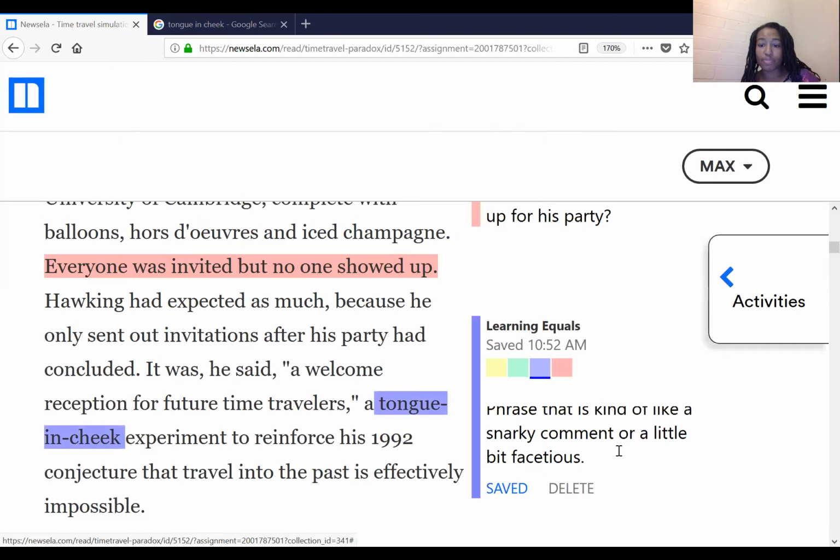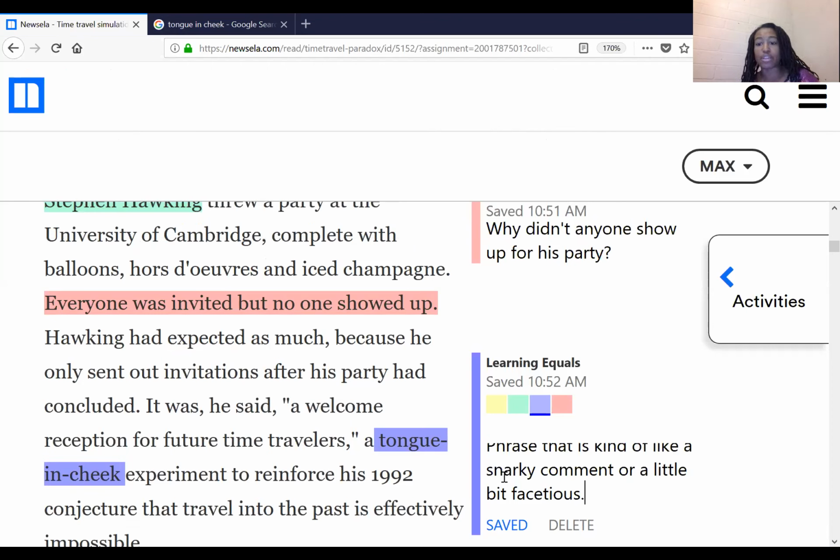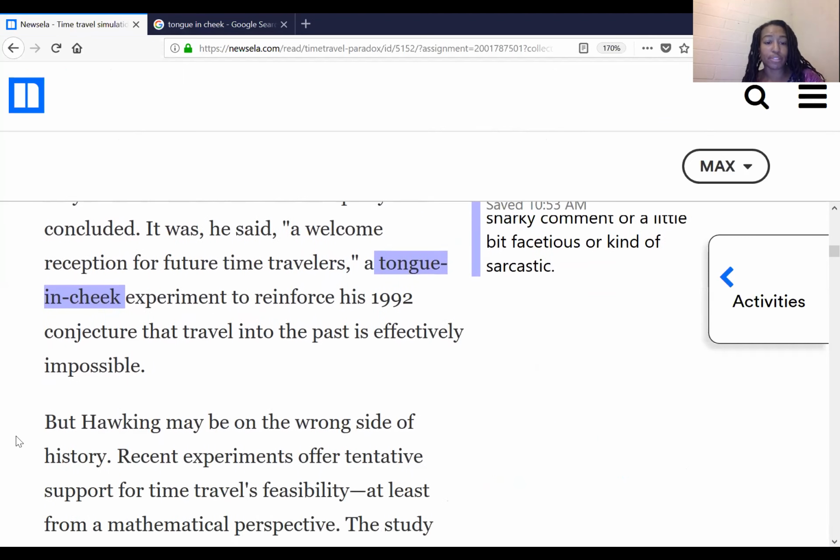So that's what I wrote. A phrase that is kind of like a snarky comment or a little facetious or kind of sarcastic. He knew no one was going to show up because he did this for future time travelers.